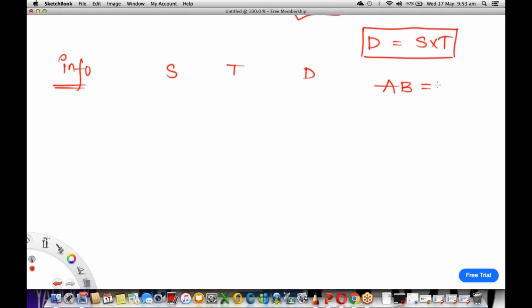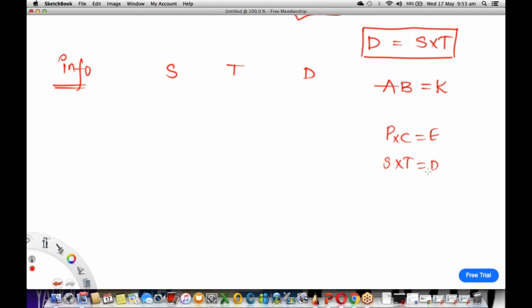I already discussed this when I was discussing percentages and profit and loss. I discussed the concept of AB is equal to K with you. The entire arithmetic will be revolving around AB is equal to K only. So if you talk about profit and loss, the relation is price into consumption will be equal to expenditure. And in the chapter of time speed distance, speed into time will be equal to distance.